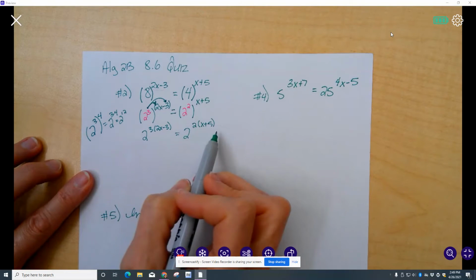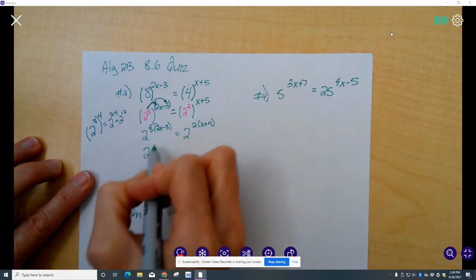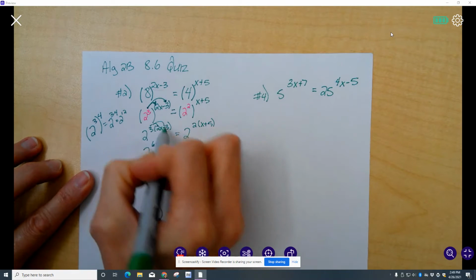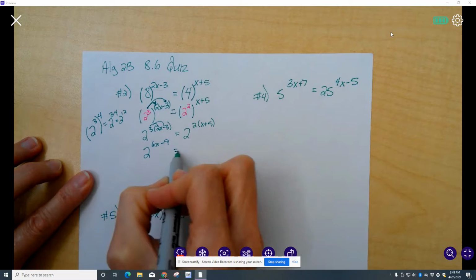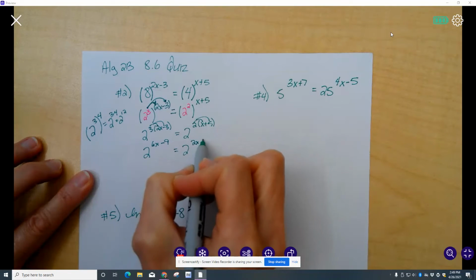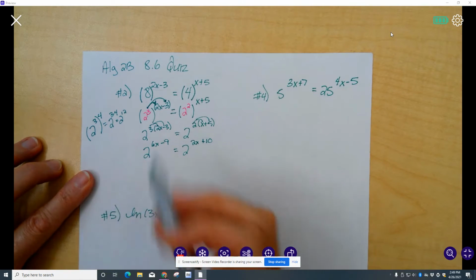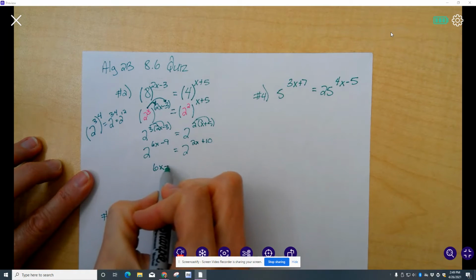So this is distributive property. So this is going to become 2 to the 6x minus 9 equals 2 to the 2x plus 10. Now my bases are the same, so I can set my exponents equal.